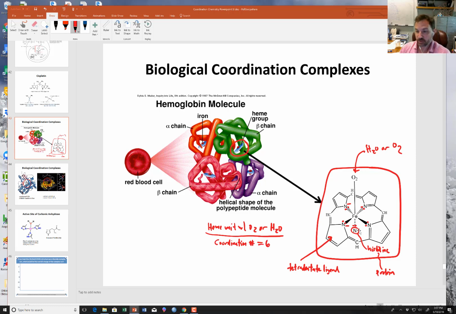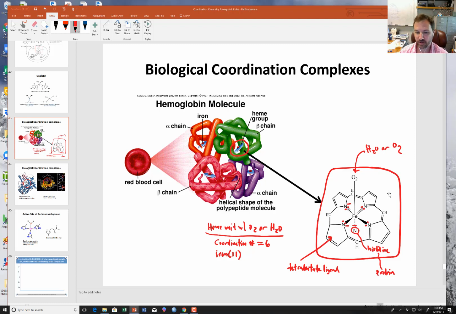Okay, and so again, hopefully you can appreciate how the metal, the iron, has coordination number 6, and I wanted to point out it's an iron 2 complex. Right, so we have 2 negative charges on this porphyrin or heme unit. Histidine is neutral, and then of course O2 and water would both be neutral. So this is an iron 2 unit.